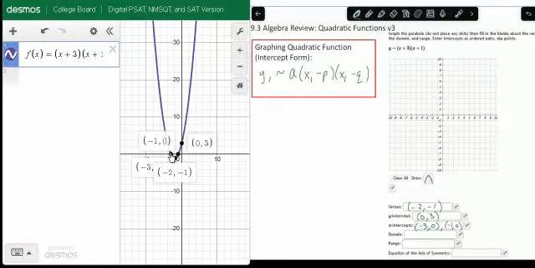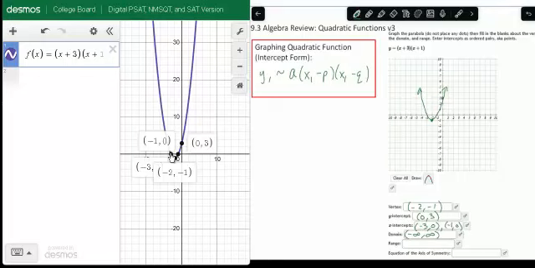And now my domain, I'm going to plot this, -2, -1. My y-intercept is 3, so those are the 2 points I chose, although I could have chosen -1, 0 and -3, 0 as well. But there, it'll finish my graph for me. My domain is all real numbers for all quadratic functions.